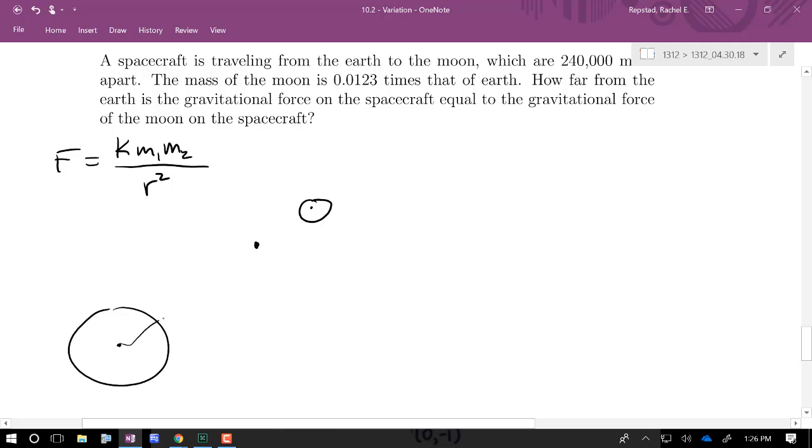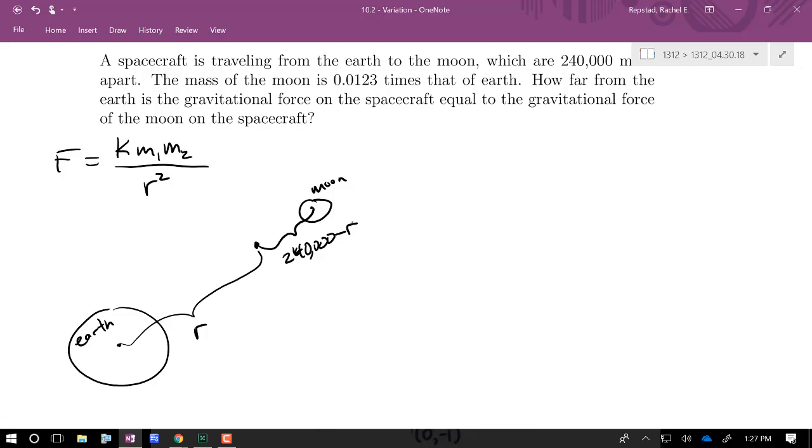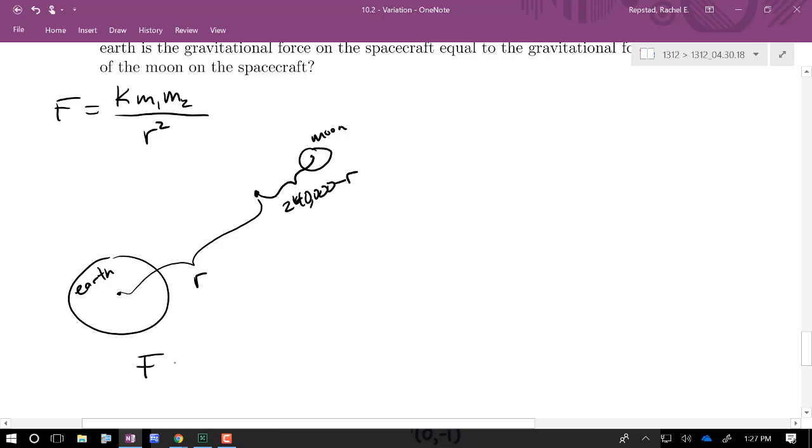So let's say we let this distance be r, the distance from the Earth. And if that's r, then this would be 240,000 minus r. And what we're going to do is find the gravitational force felt from the Earth, using that equation that we came up with, and set it equal to the force of the gravitational pull of the Moon.